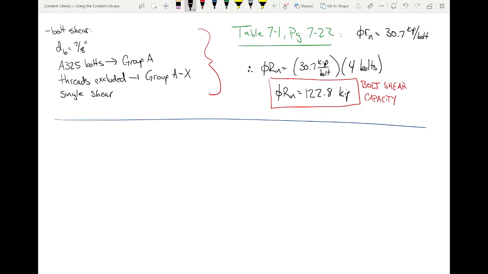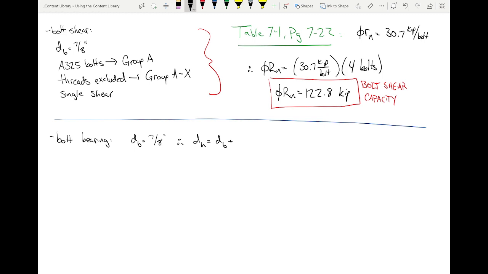All right. Now, a couple things about bolt bearing. Remind me, the bolt diameter for this problem is 7/8 of an inch, and so the hole diameter is what? 15/16.